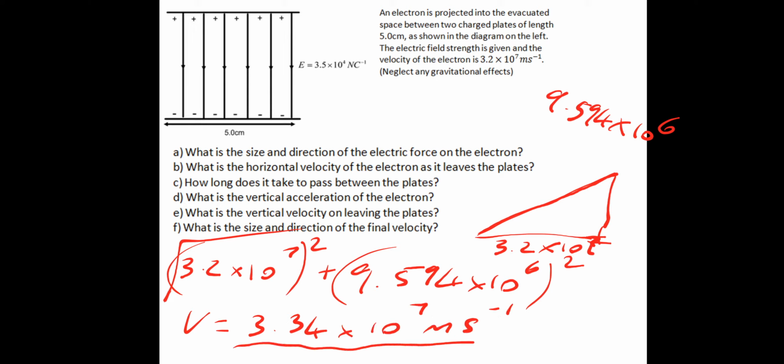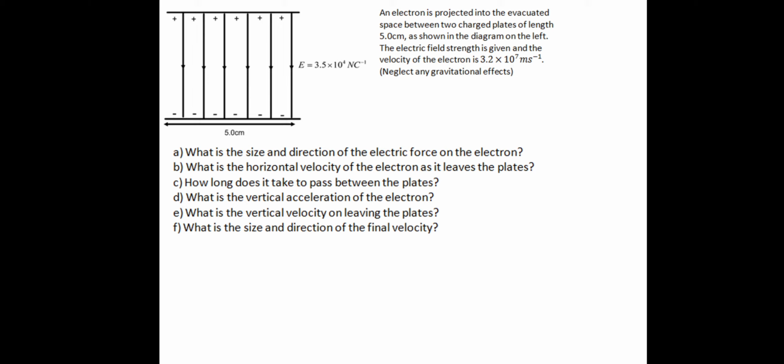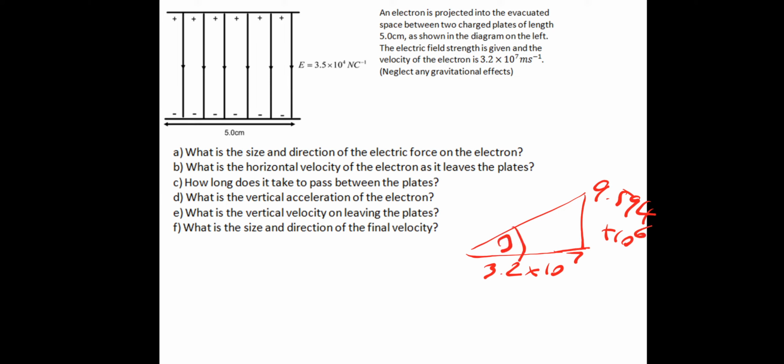Hopefully that's gone okay. And then finally it wants a direction, so we're going to need to calculate the angle. So once again we've got the 3.2 times 10 to the 7, and we've got the 9.594 times 10 to the 6. So we need the angle theta. So we've got the opposite and the adjacent, so that's tan.